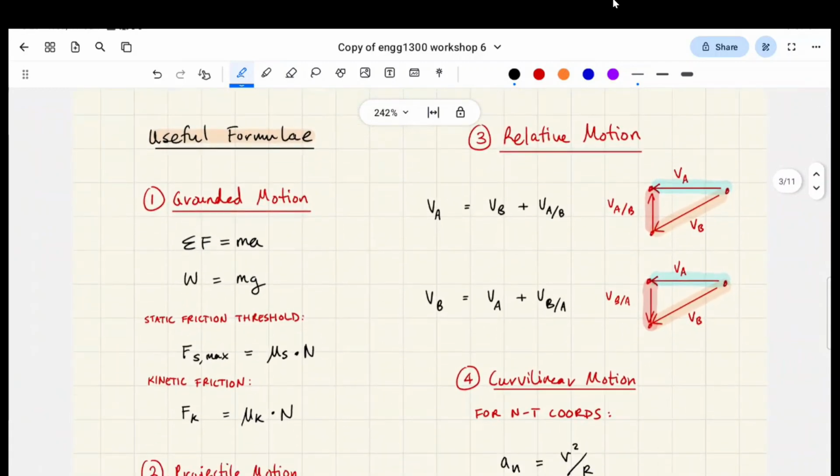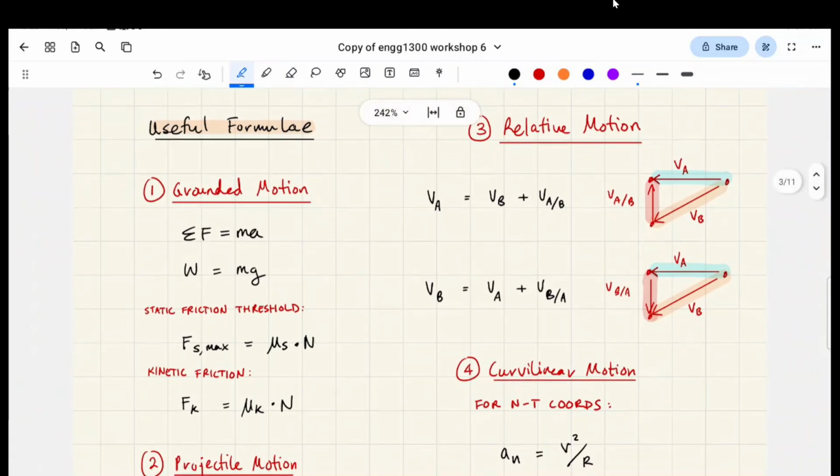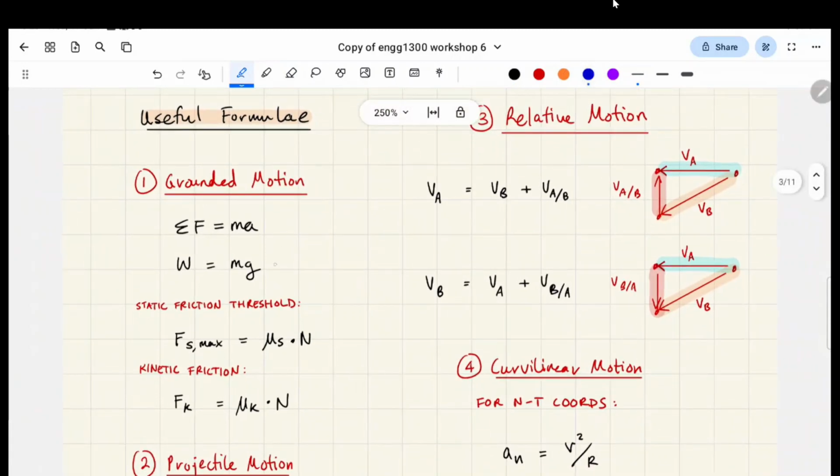So for grounded motion, that might be like, again, a box being pulled by a string. You want to be using F equals ma, and the sum of the forces is equal to 0 for the grounded, or the normal direction pretty much. The weight force is always going to be pointing downwards if we're looking at the free body diagram from elevation view.